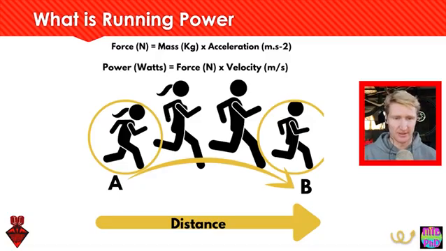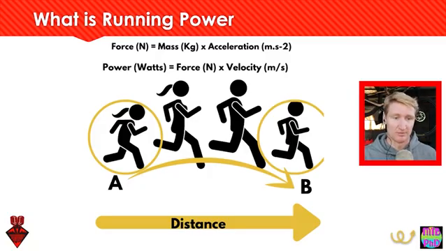Now, it's slightly different in terms of the calculation because there's not that direct strain gauge. It's more of an algorithm that is taking the components that you put in, your height and your weight, and then the accelerometers within the foot pod or the chest mount or the wrist-based system, whatever you're using. Right at the base, we're taking the force that you're putting out on the ground to travel a distance.